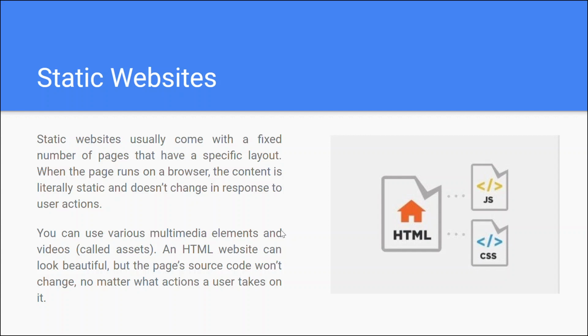Once you query the server, the pages are sent to your browser, and you don't have much more to do with the server. You just click on links and get transferred from one page to another, and this is how static websites work.